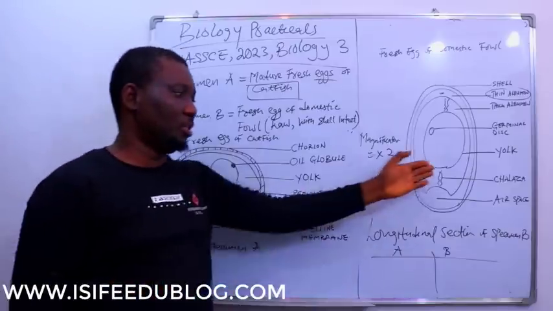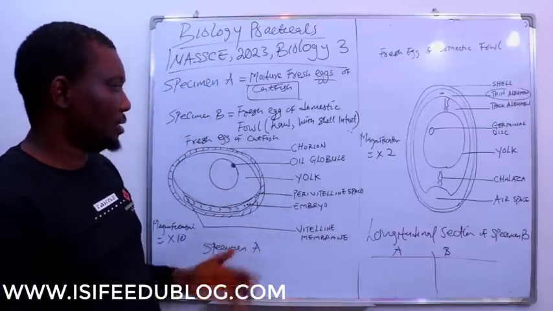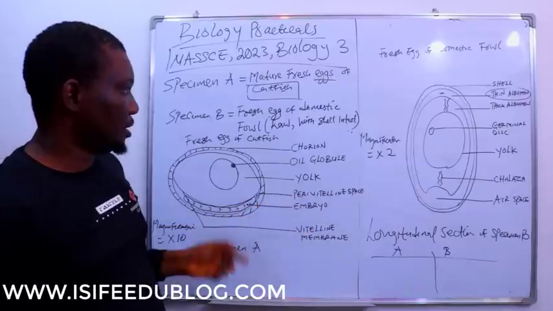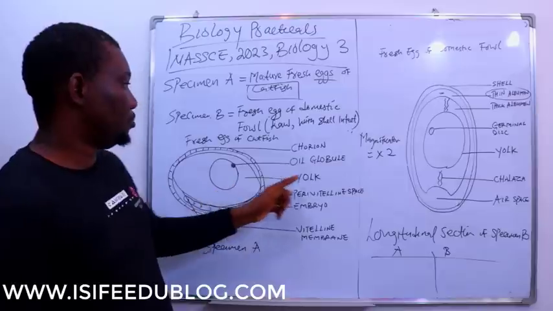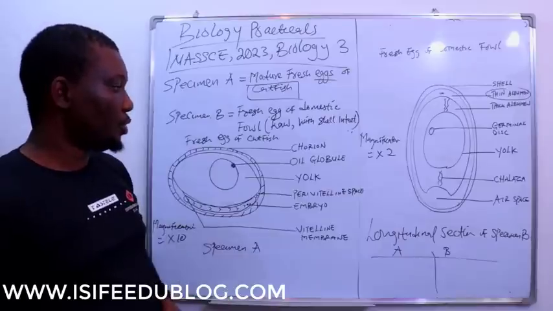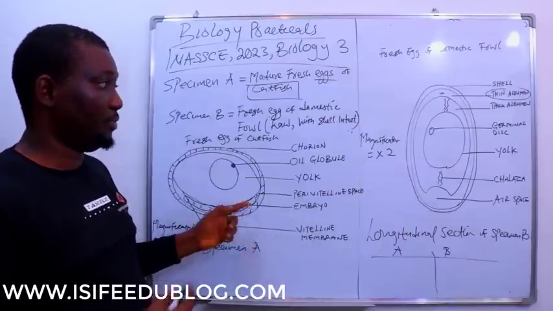There's similarity between the two. You don't need a table when you are stating similarities between two objects or specimens. Okay, you can look at it to say that both, in terms of structure, possess what? Yolk. Okay, both possess yolk. It does appear that this one already has an embryo that is forming.